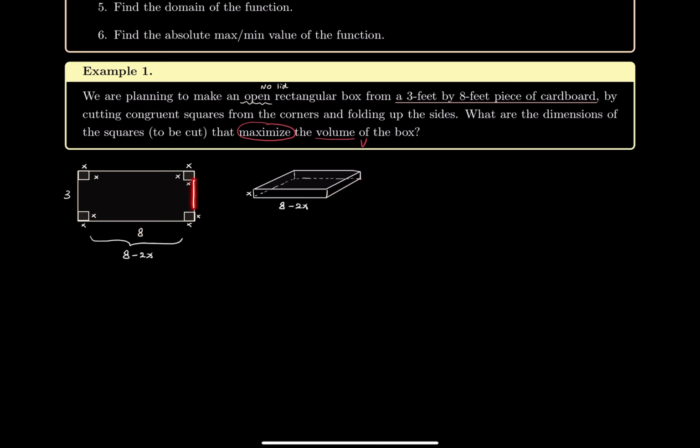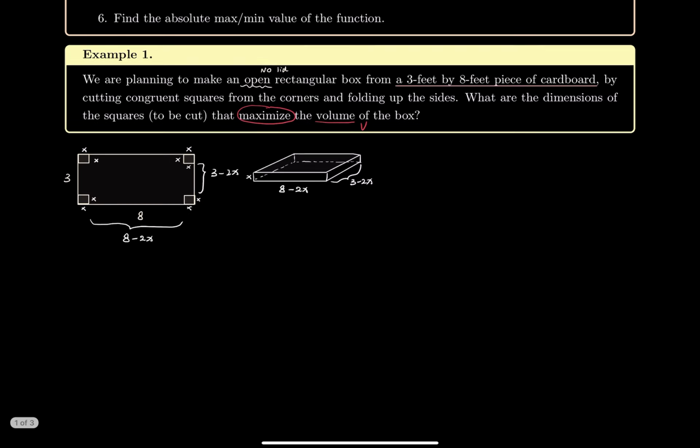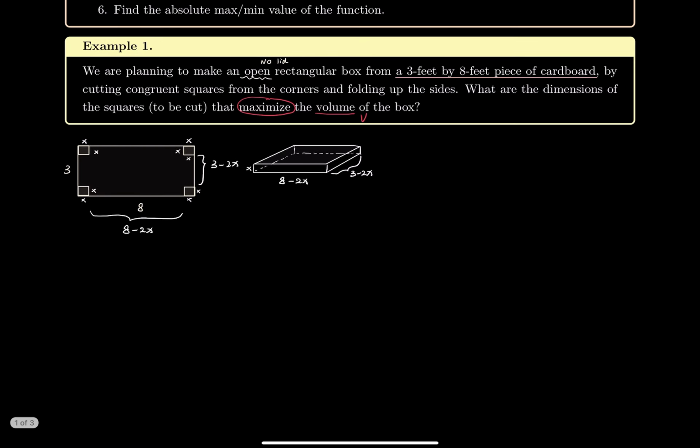That's this part, folded up. The whole thing is 3, and I cut out 2x. So what's left in the middle is 3 minus 2x. I know my graph doesn't look like what I claim, because clearly they should not be so similar to each other, but it's okay. As long as you understand the graph, it doesn't need to be accurate.